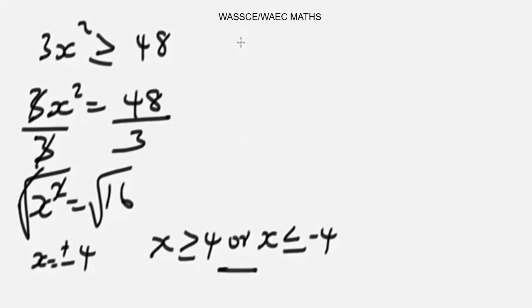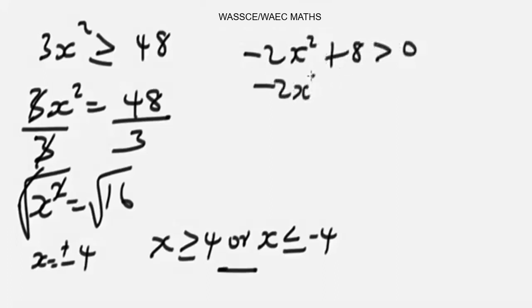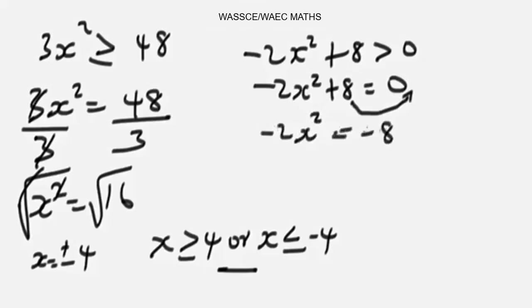Let's say we have to solve this inequality: minus 2x squared plus 8 greater than 0. Okay, now this is the same as minus 2x squared plus 8 equals 0. Now, to make x the subject of the formula, first subtract 8 from both sides, and we're going to have minus 2x squared equals minus 8.